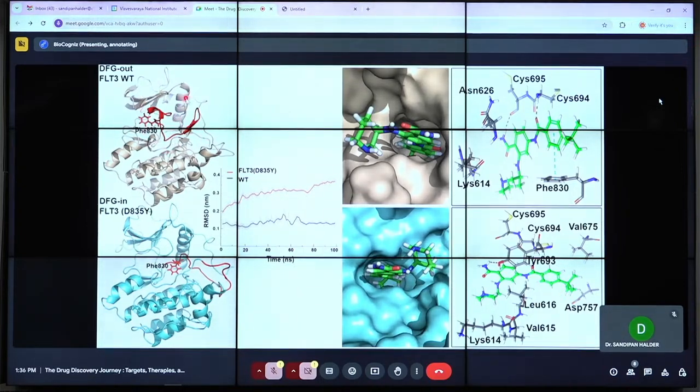That is another story. But what we will see is that just because of one residue mutation, it changes from active to inactive conformers, from DFG-in to DFG-out, it is changing.